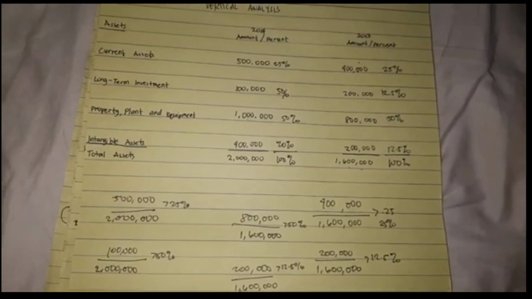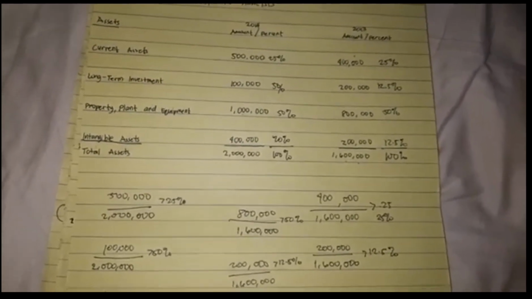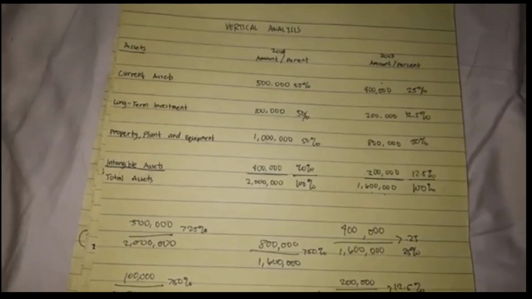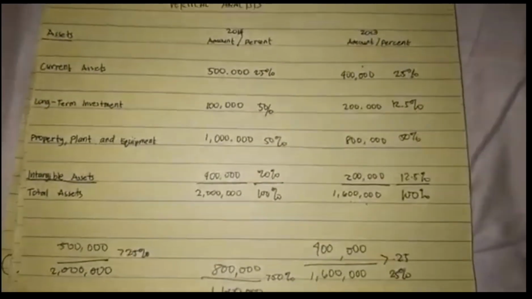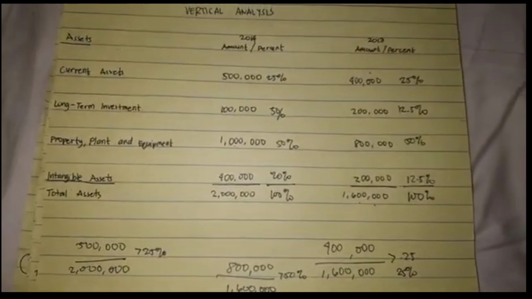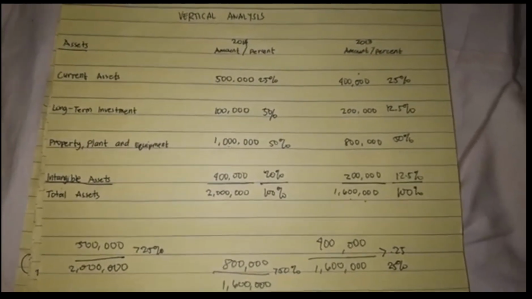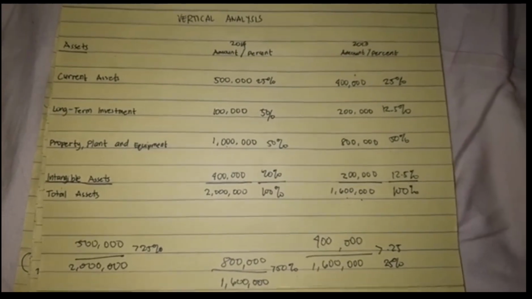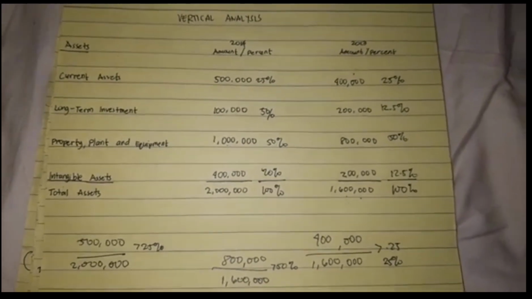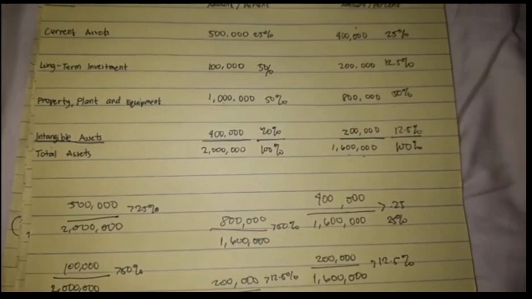So as I take a look at this here, you can see that the current assets, well, it's the same, so I'm not going to list all the changes. My addition to my total assets went up from 1.6 million to 2 million.